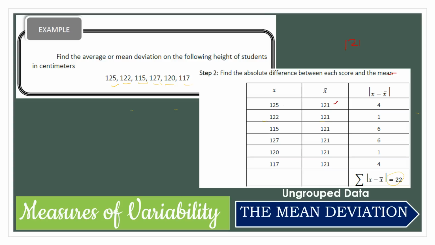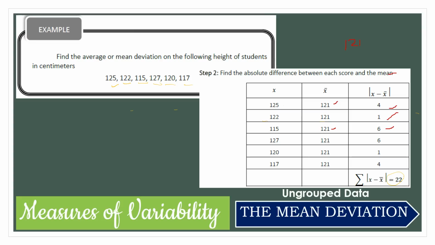Okay, we simply subtract those and then get its absolute value. For the first pair, 125 minus 121 is 4. 122 minus 121 is 1. 115 minus 121 is negative 6, but we will get its absolute value. That's why what is written there is positive 6.